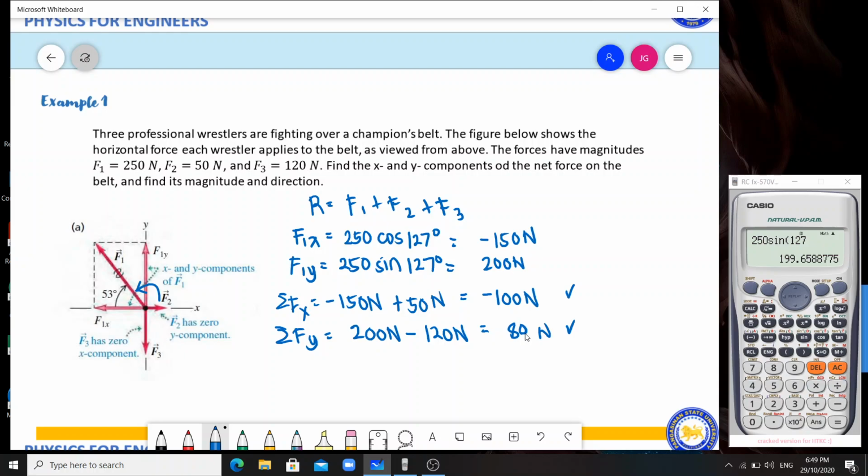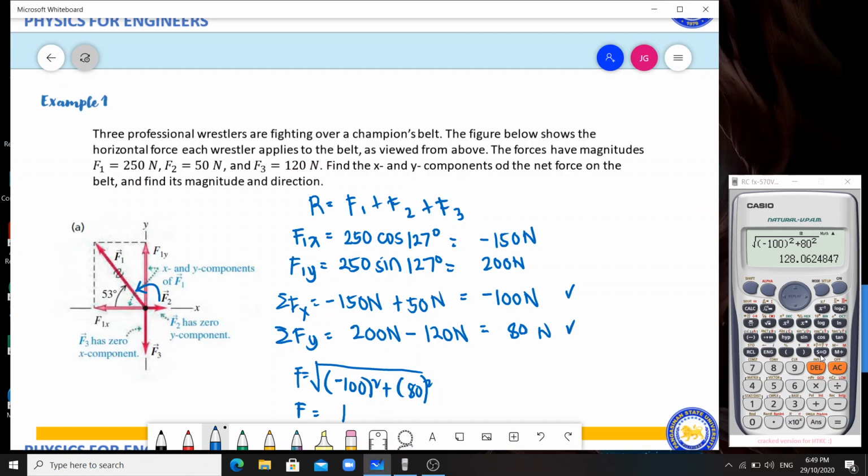Okay. To get the magnitude, we have to take negative 100 squared plus 80 squared. So the net force is equivalent to 128.